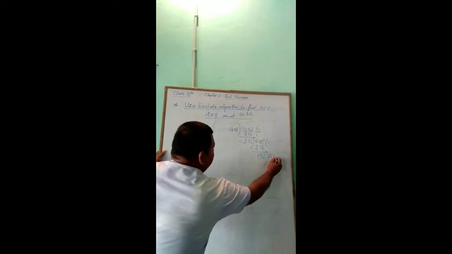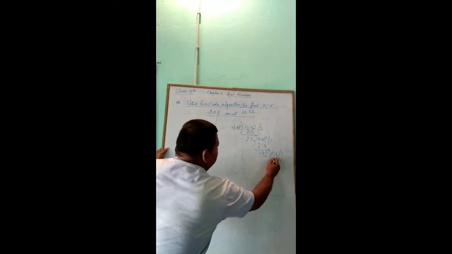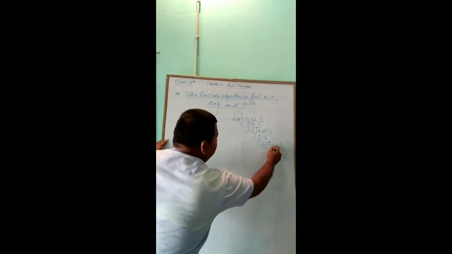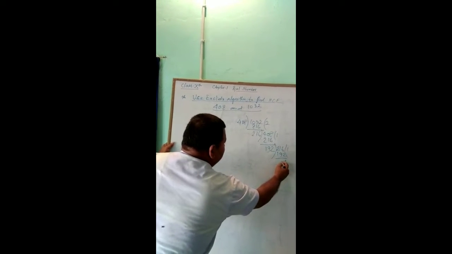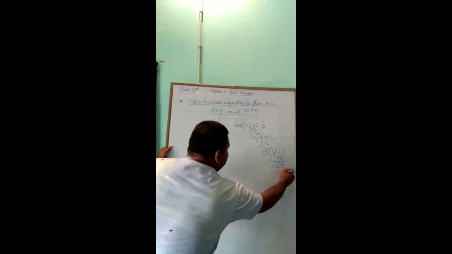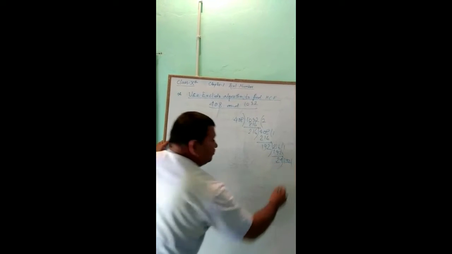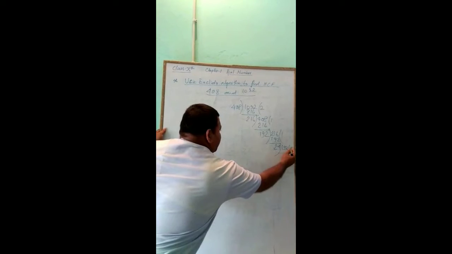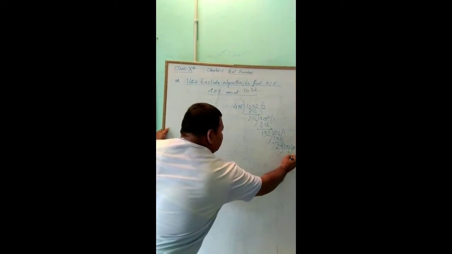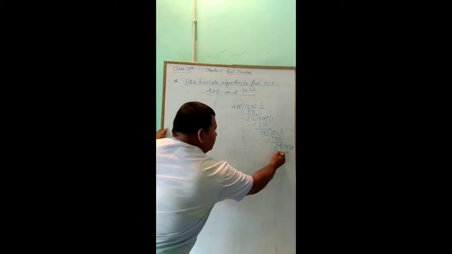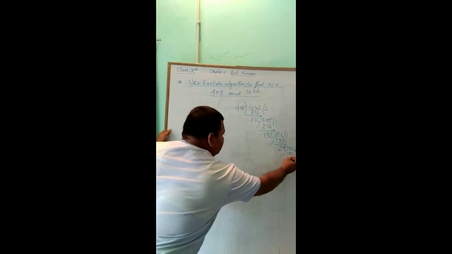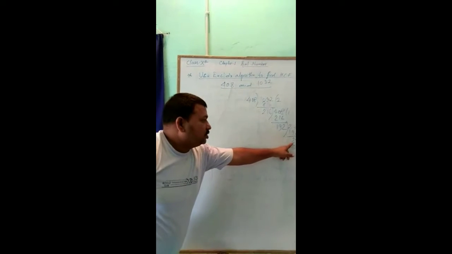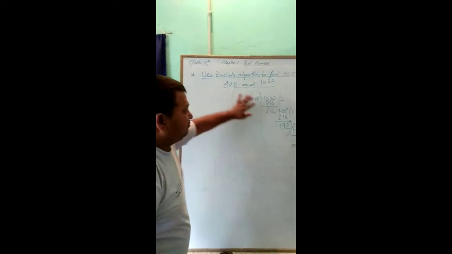Again, to 24, we divide it in 8 times. Okay, here we can see that 24 is HCF.